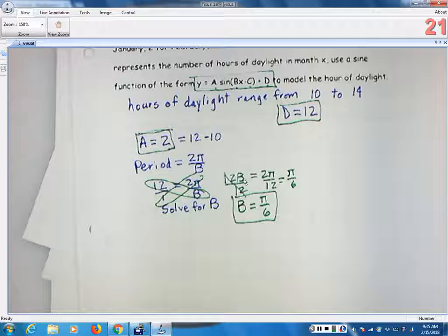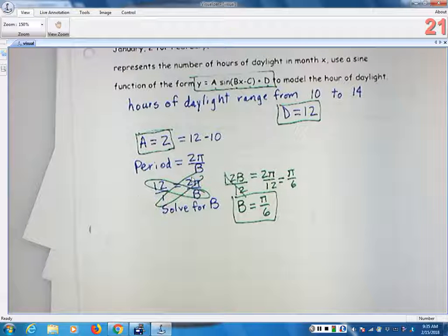This is B. 12b equals 2 pi. I cross multiplied: 12b equals 2 pi times 1. Oh, I see what I did. For some reason I put the 1 with my 2. It's 1 times 2 pi, so I just wrote 2 pi. That's okay. Thank you.